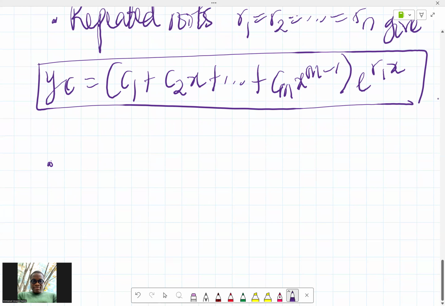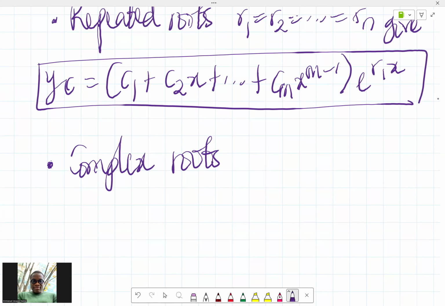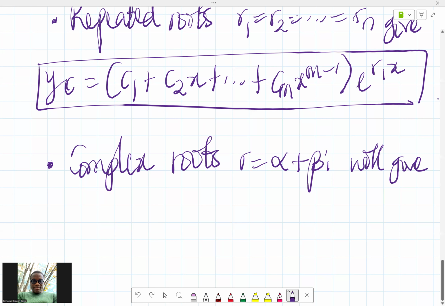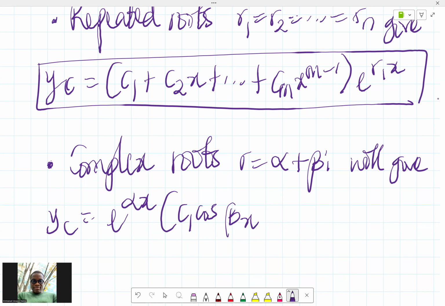And then we can also talk about complex roots. Complex roots like r equals alpha plus beta i, or i beta if you like, will give y_c equals e^(alpha x) times (c_1 cos beta x plus c_2 sin beta x).